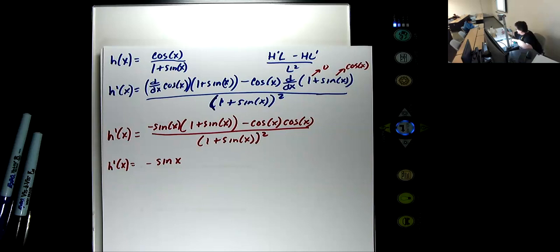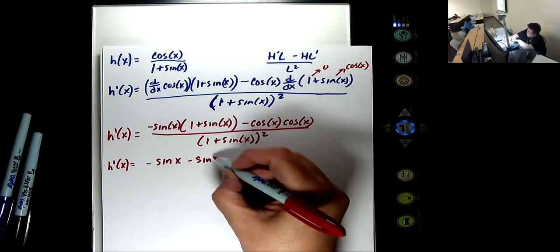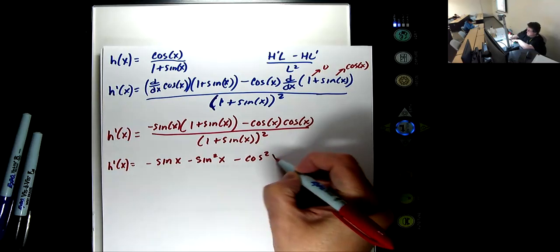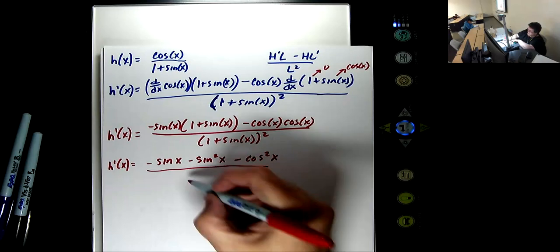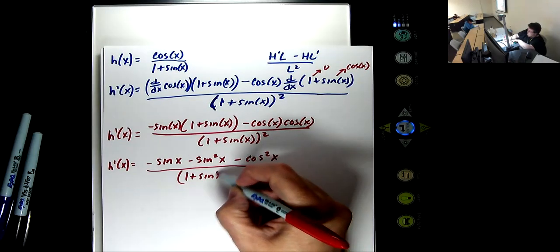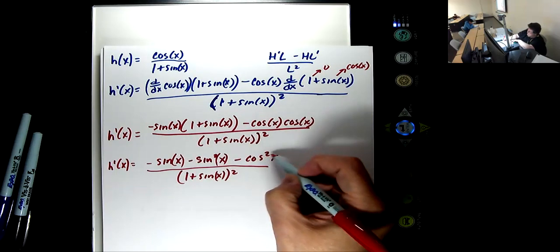Look at this, this is way cleaner than what I got in my notes. I had a positive right here, and that's not right. I've got a bad habit of not putting parentheses.